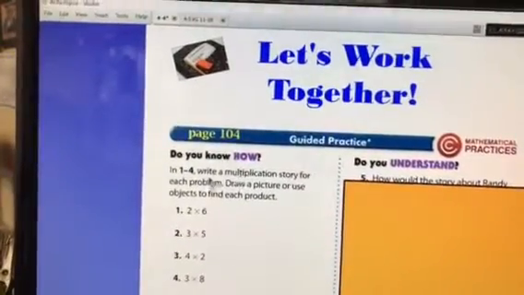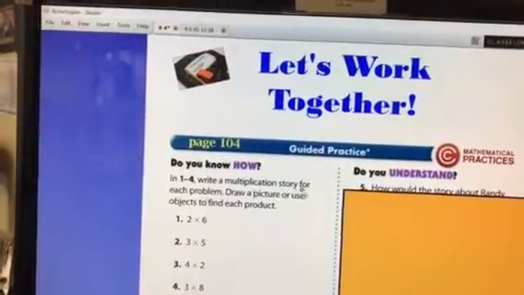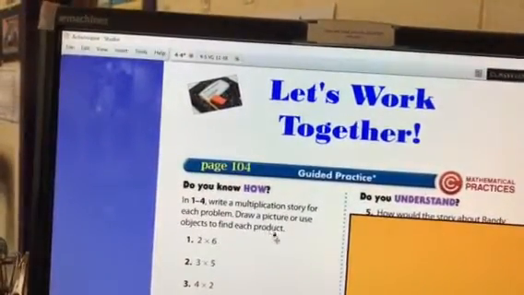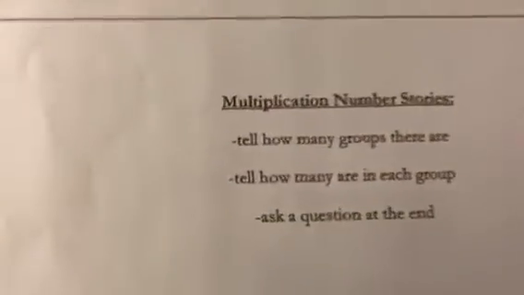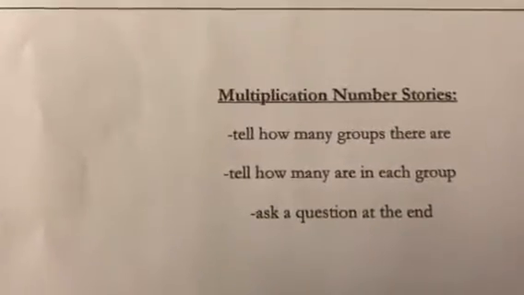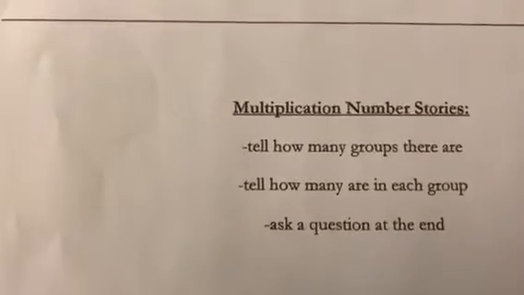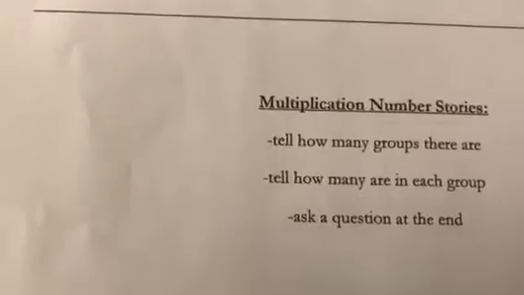And some of the things we'll do together as a group says write a multiplication story for each problem. Draw a picture or use objects to find each product. So we want to think back to this, our number stories, what they include. So tell how many groups there are, tell how many are in each group, and then ask at the end to find the total.